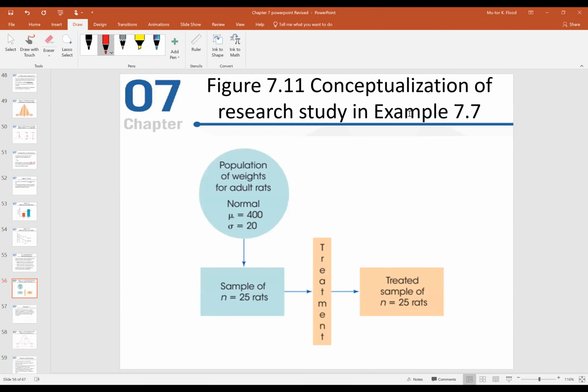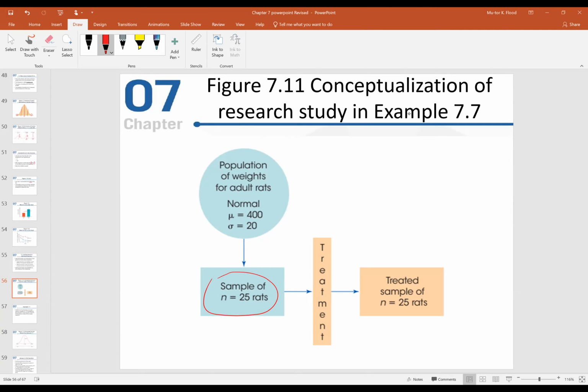So let's go back to our population of rats that we started with all the way in week 1, in chapter 1. Let's say we have a normal population of adult rats, and the population mean for them is 400 as far as their weight, and the standard deviation is 20. Then we get a sample of 25 rats.